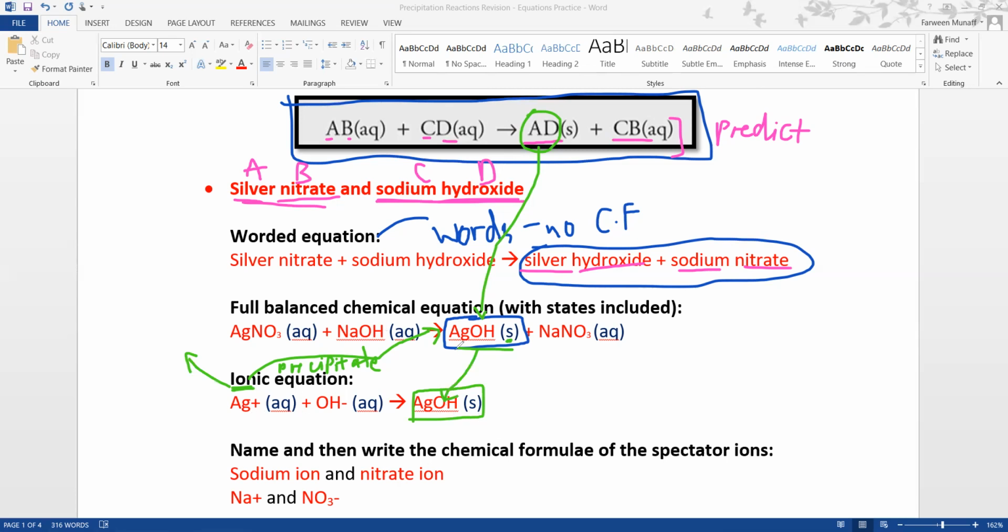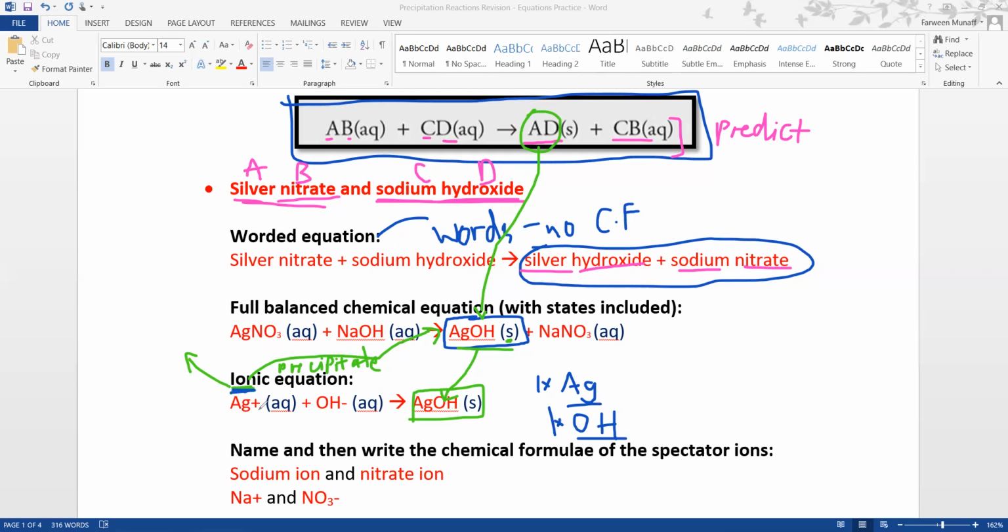We know that in order to make silver hydroxide, we need 1 silver, or 1 Ag, which is the chemical symbol for silver, and we need 1 hydroxide, okay? So we need 1 times silver and 1 times hydroxide. How we're going to write that now is we represent these not using the actual chemical symbols or atoms, but using the ions.